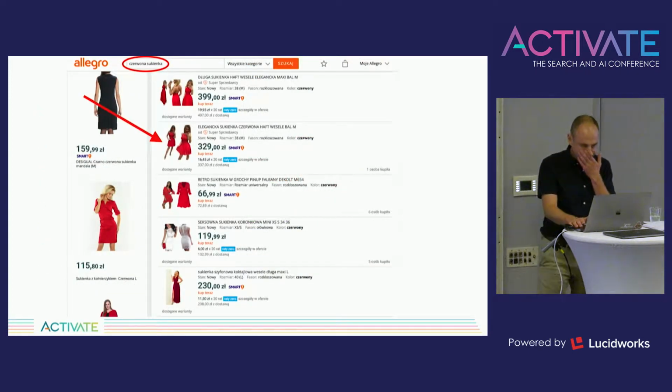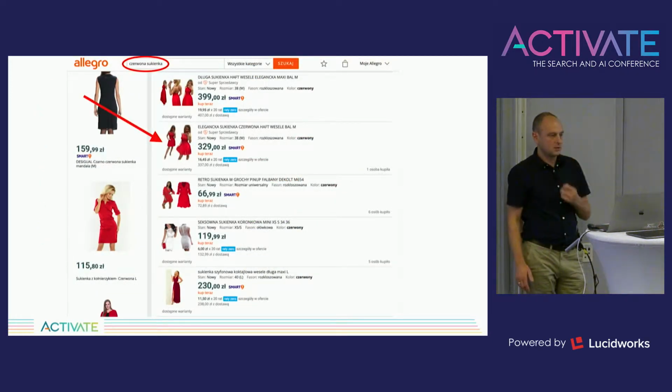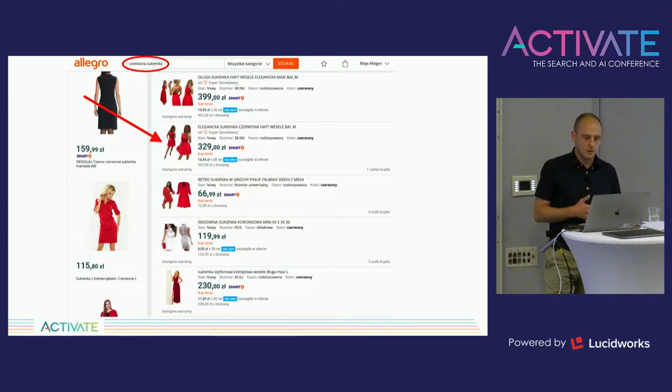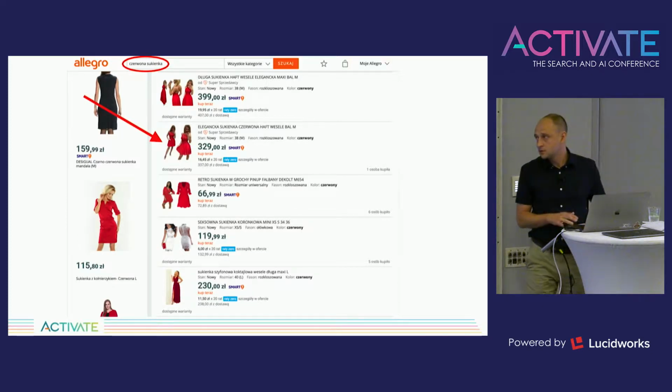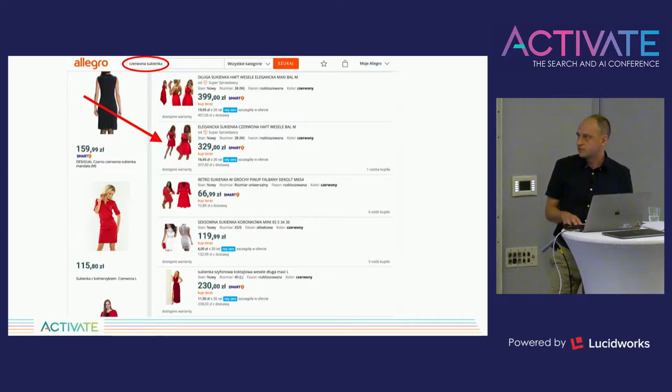So, to start our story, let's imagine that your girlfriend is looking for a red dress. She enters Allegro site and searches for a phrase, red dress. She now can see a listing of products.